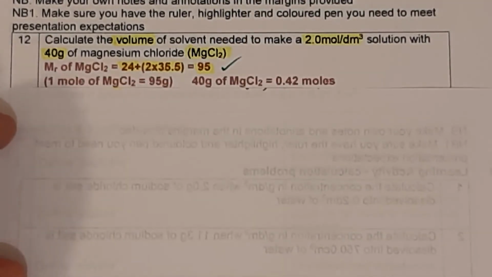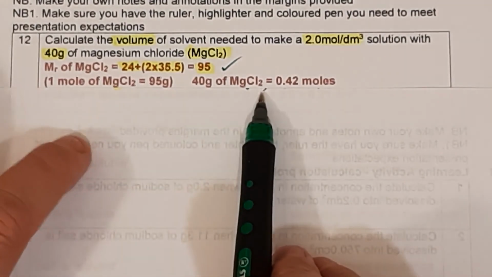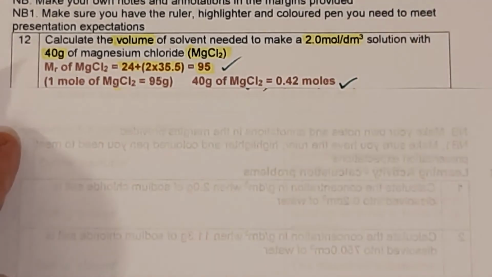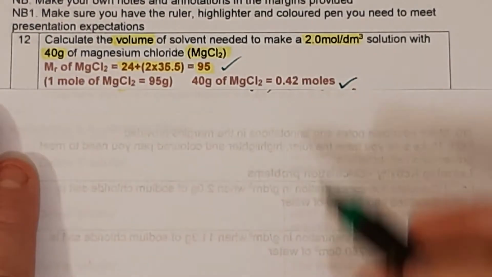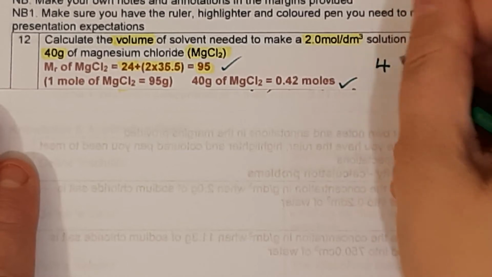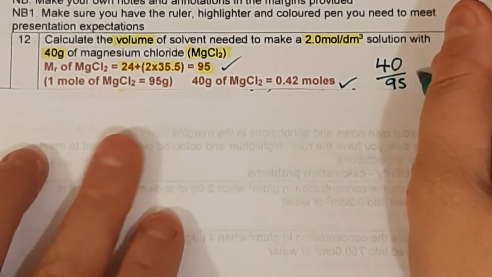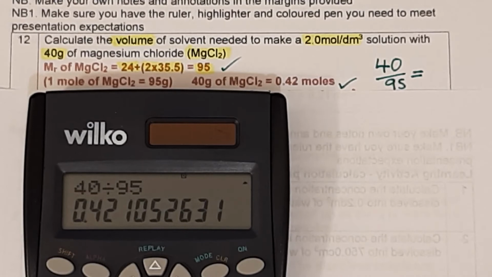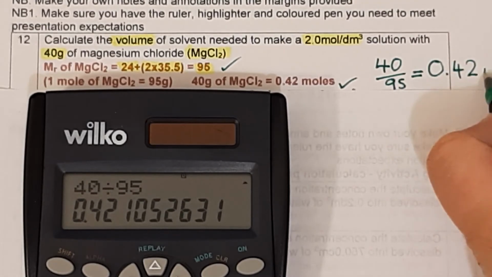Next part, 1 mole of magnesium chloride is 95 grams, so 40 grams of magnesium chloride, this is a bit trickier, is 0.42 moles. So if you've calculated that is 0.42 moles, you've done really well. Now, the way we got that is we took the amount of grams we had, which is 40, we divided it by the total for 1 mole, which was 95, and that gives us a value, and that value is 0.421, goes on a bit, so we're going to round that to 0.42 moles.